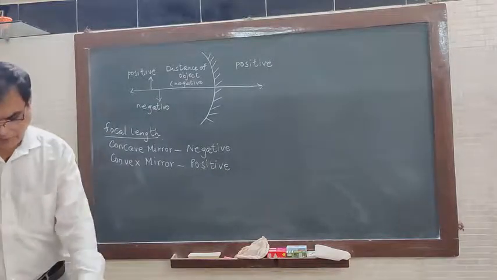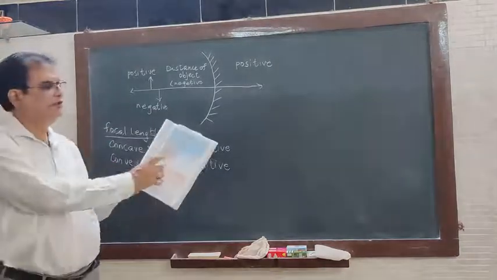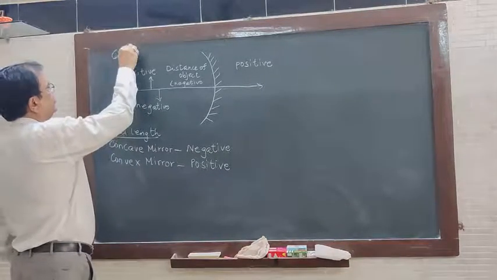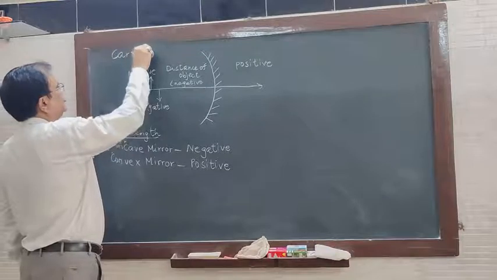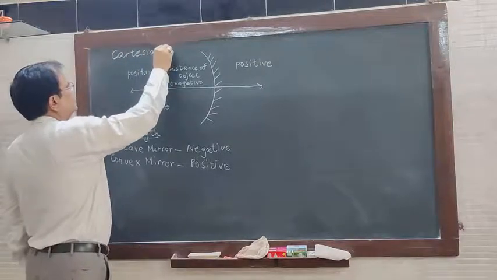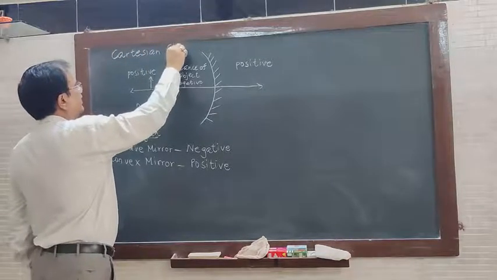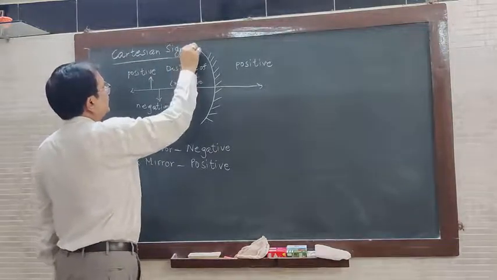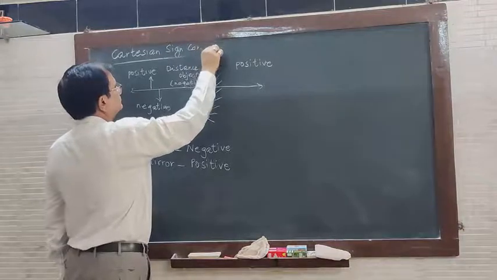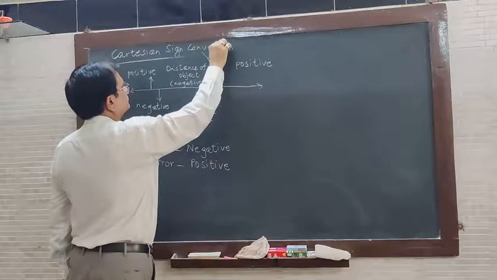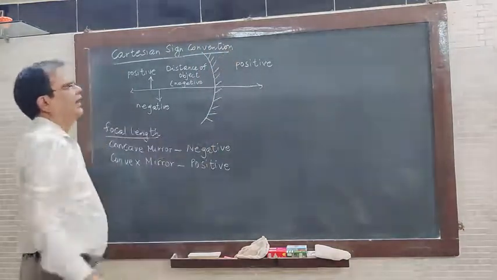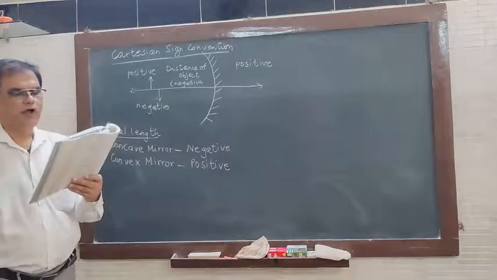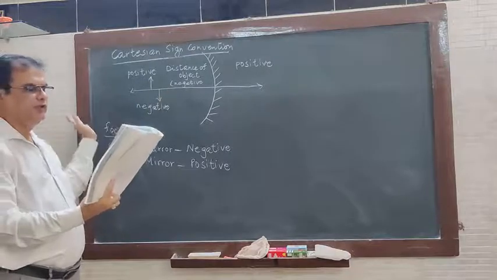Now I read it in the textbook, page number 125. This is called the Cartesian sign convention. All this will be used in solving the sums. When I take a live class, I will show you how to solve the sums. First, the object is always kept on the left hand side of the mirror.